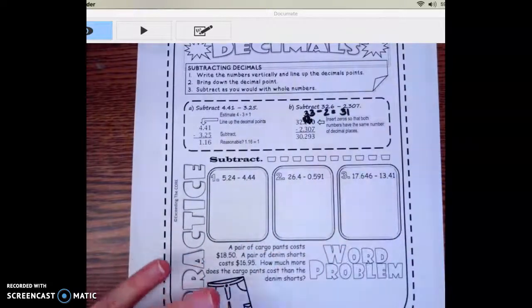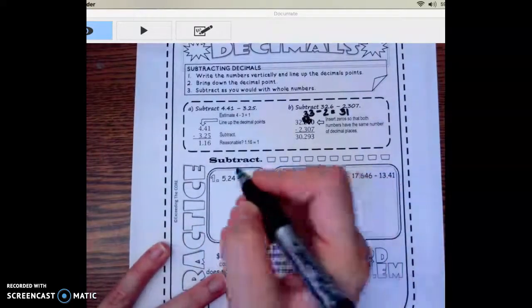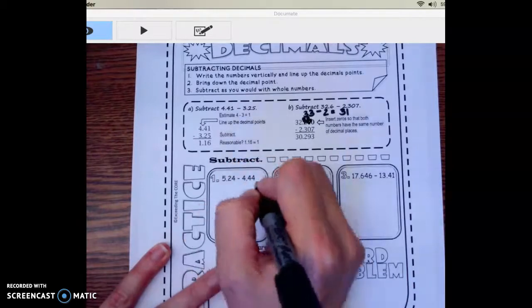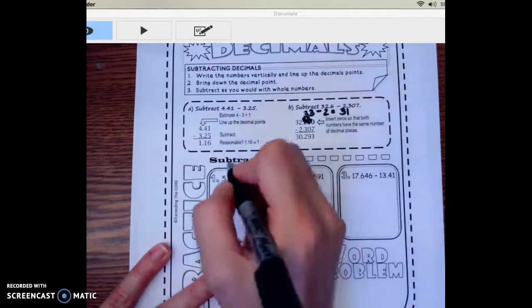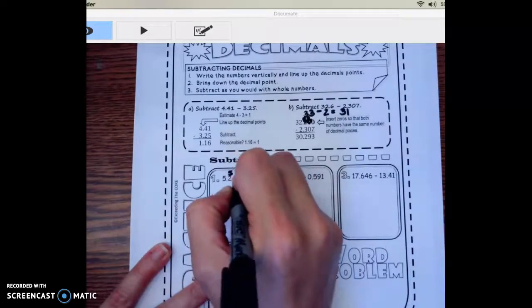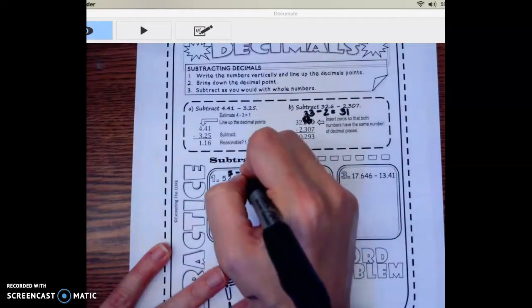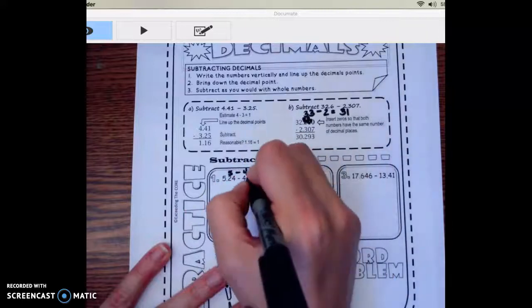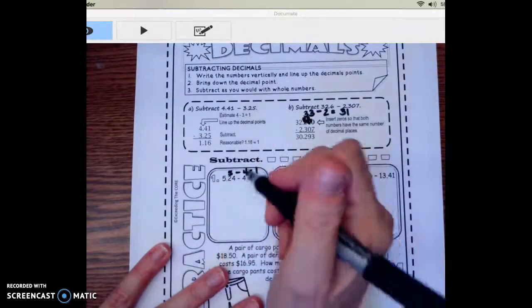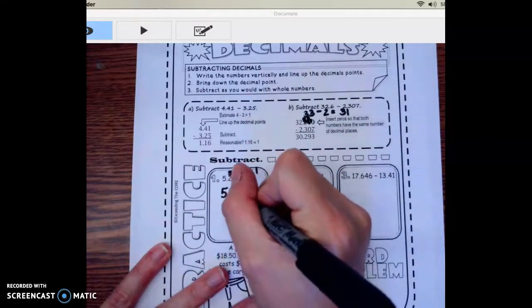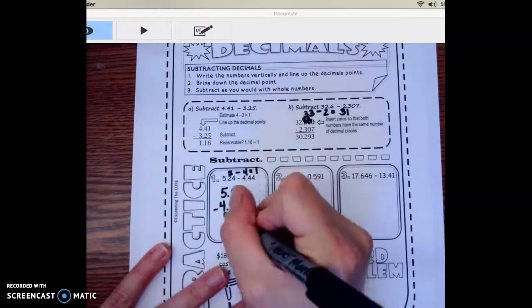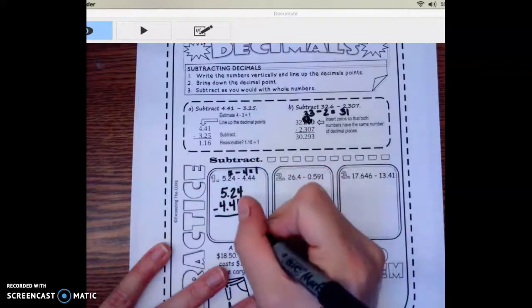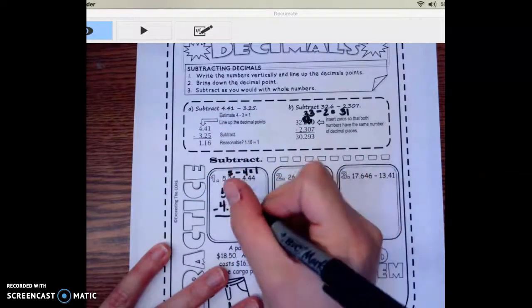Okay, here's our practice problems. Actually, my step 1 is going to be to estimate. So 5 and 24 hundredths is going to round to 5. 4 and 44 hundredths is going to round to 4. 5 minus 4 is 1. Now I'm going to line up my numbers and do some subtracting. 4 minus 4 is 0.